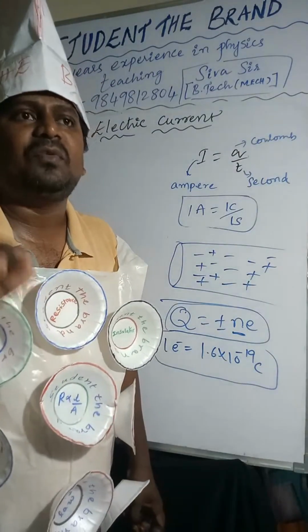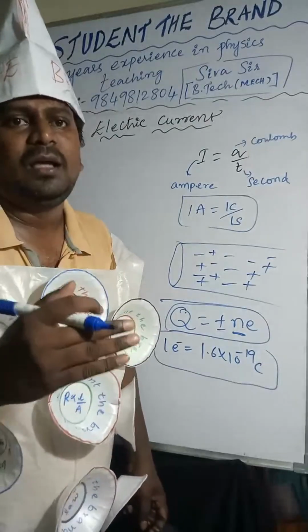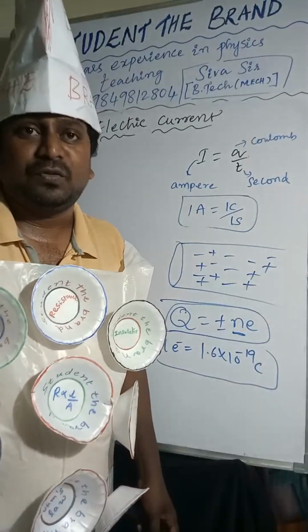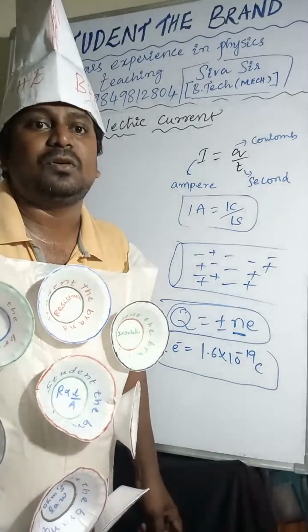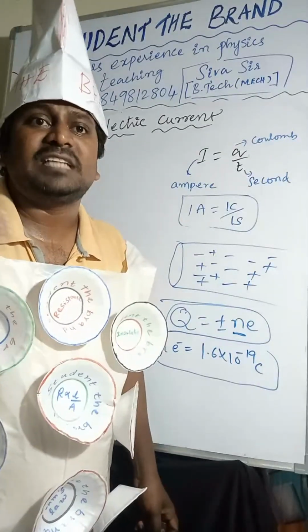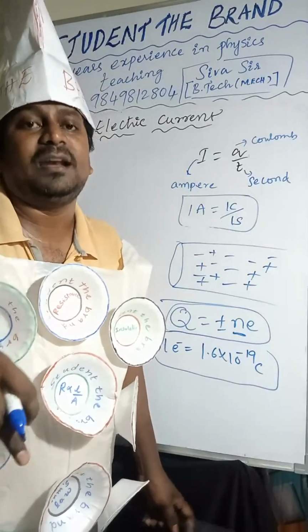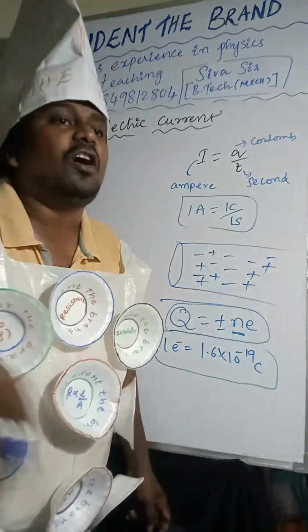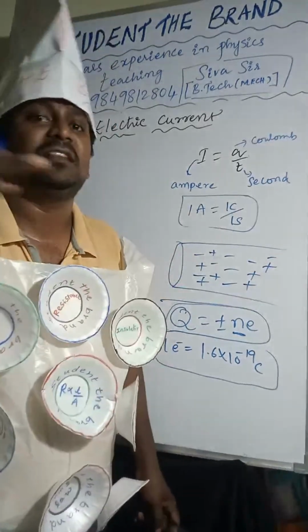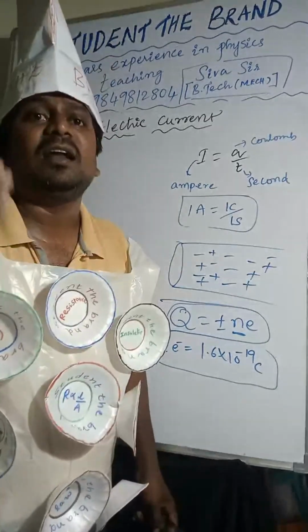Why are we taking two types of current, conventional current and electric current? Before the electron and proton were discovered, scientists gave the statement that the flow of positive charges is called current.